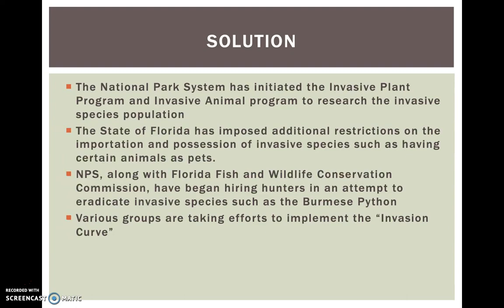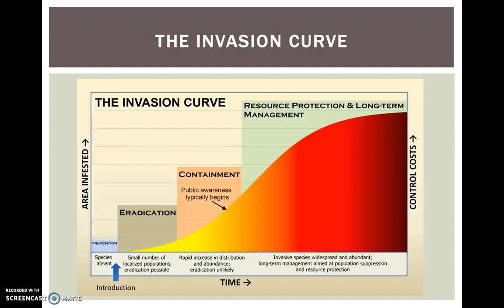Various groups are taking efforts to implement what is known as the invasion curve. In this slide, the invasion curve is addressed. The steps or attempts to curb invasive species are prevention, eradication, containment, and resource protection and long-term management.